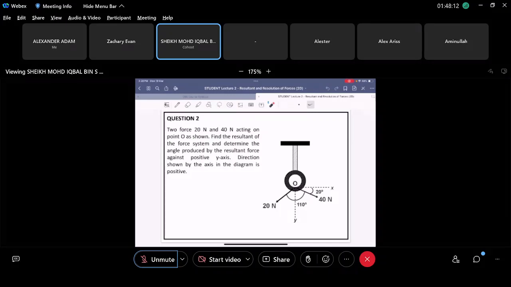Because I've seen it in the final exam, students trying to calculate the resultant force and resolution of forces on the picture itself. I tell you, it can get difficult, it can get confusing, right? Better you draw your own free body diagram using rulers, so that it's more systematic and easier for you to understand when you have to solve a certain problem.